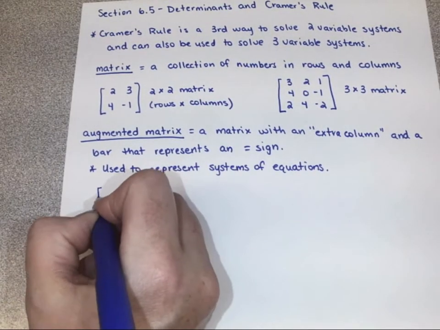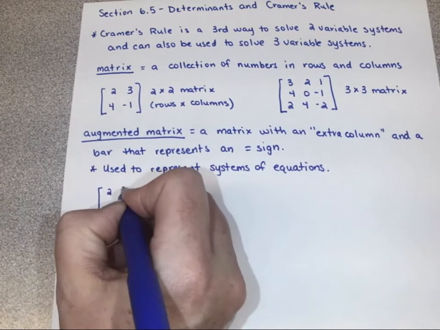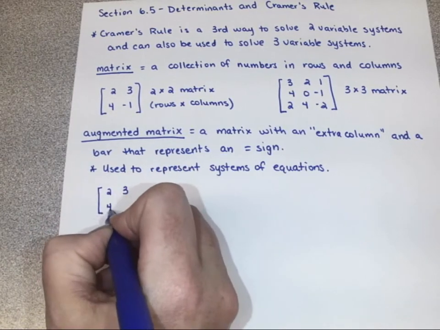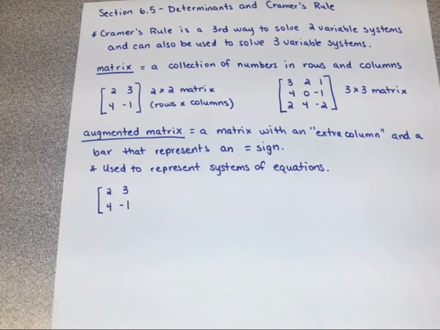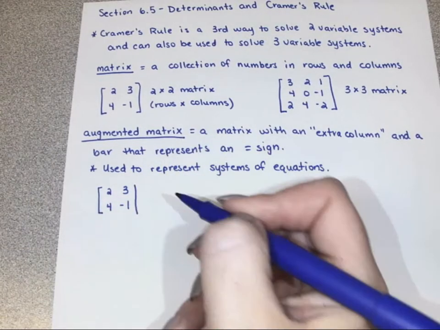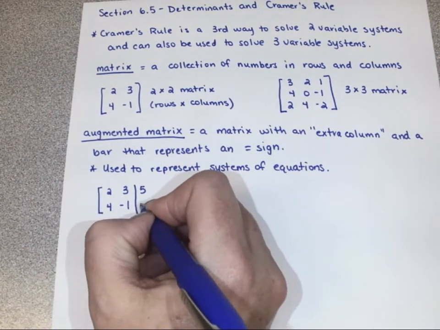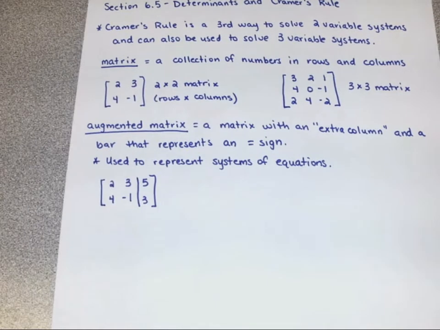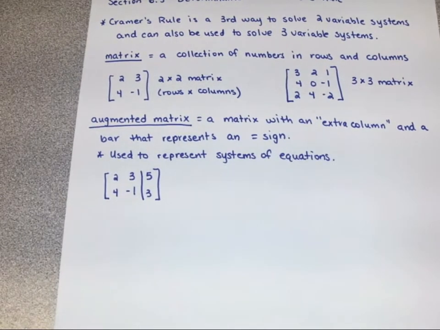So this is an example of an augmented matrix. It'll have numbers like before, but then it's going to have a bar representing an equal sign, and then it's going to have an extra column of numbers after. And so these numbers have meaning. When you see an augmented matrix, it stands for a system of equations.